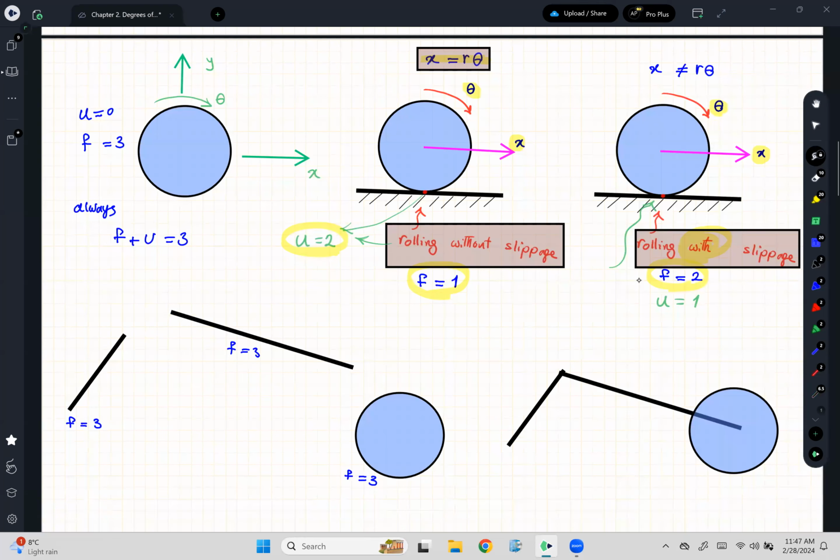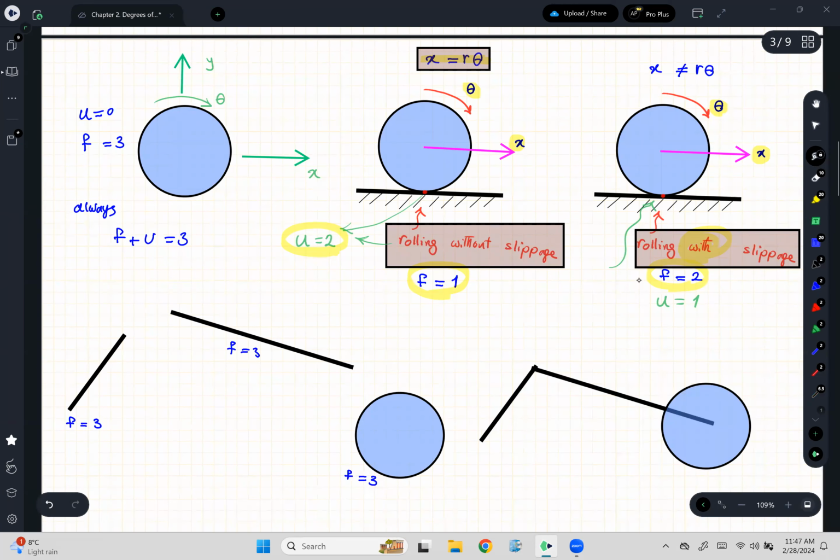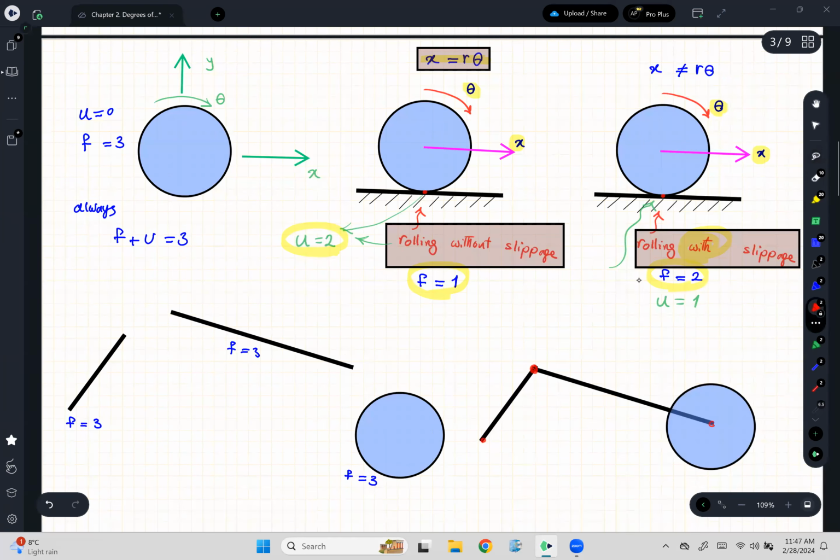Okay. So now let's join them together. So this is one joint here. This is, let me just make it a little bit nicer. All right, a joint there.